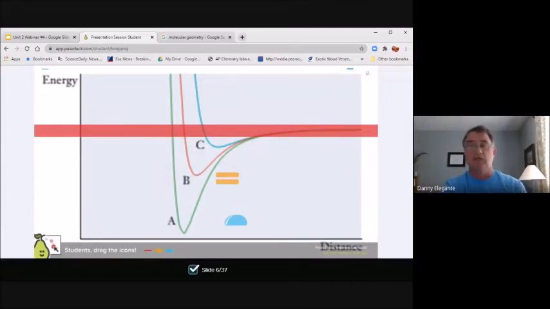So a single bond has the longest bond length, a double bond has a shorter bond length, and a triple bond has the shortest bond length.